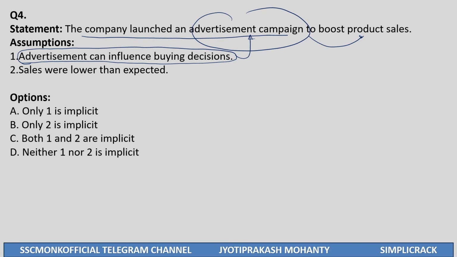Second, when I remove this, saying advertisement does not influence any buying decision, that means there is no need of advertisement, but we have to always take care that this statement is 100% true. That means advertisement is required to boost or increase the sales. That means if I remove this assumption, the whole statement will be false.